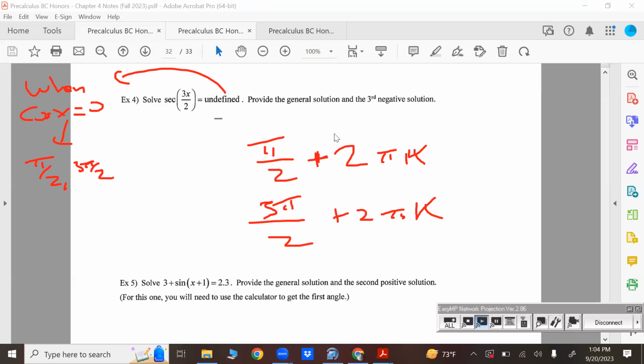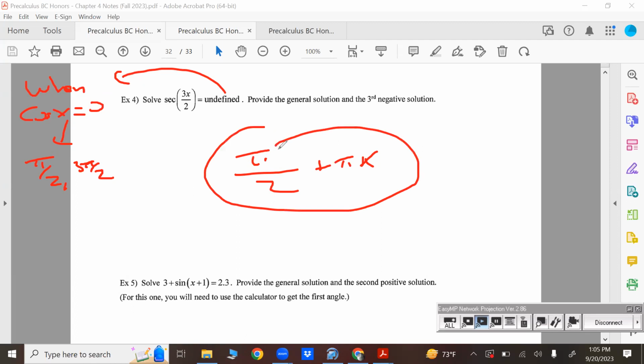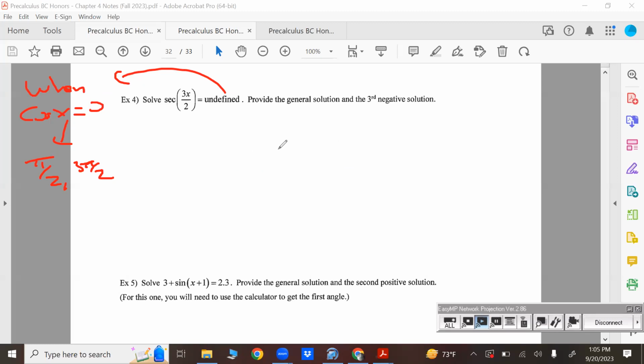It'd probably be better to consolidate that process and say pi over 2 plus pi k, because they're separated by 180, right? So that'd be a general solution there. Oh, you're right. Sorry. Darn it. Yes, you guys are correct.